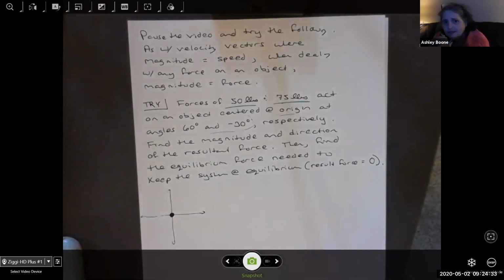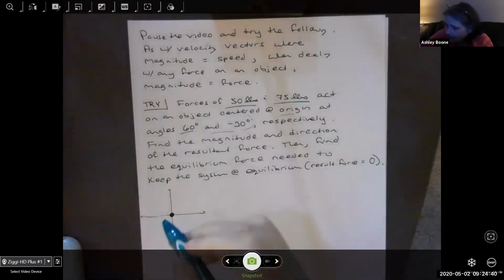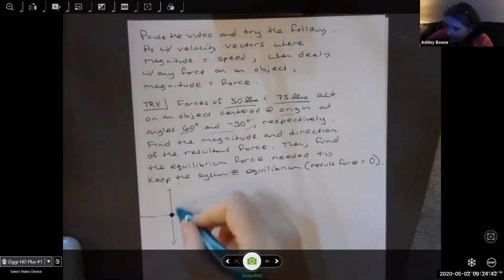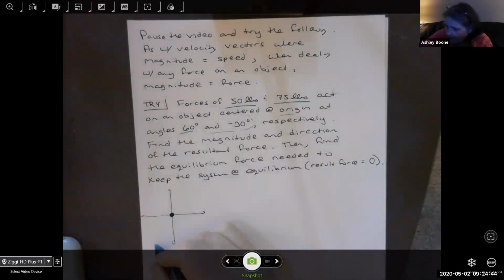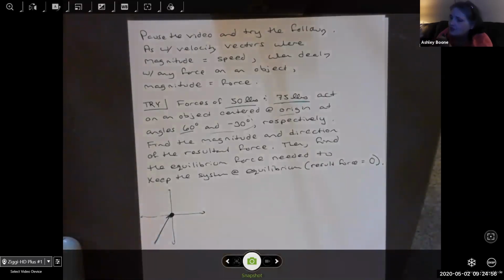We have two things happening. We have an angle of 60 degrees. So 60 degrees goes this direction, right? So we have a force in this direction going against the object, pushing the object, with a weight of 50 pounds, okay? Then we have another force.